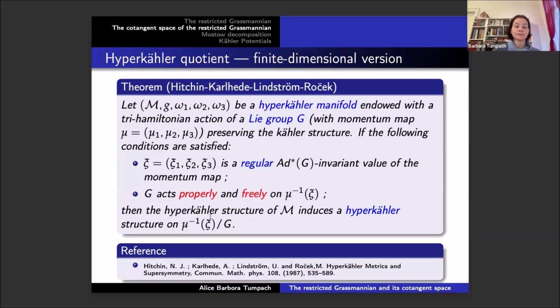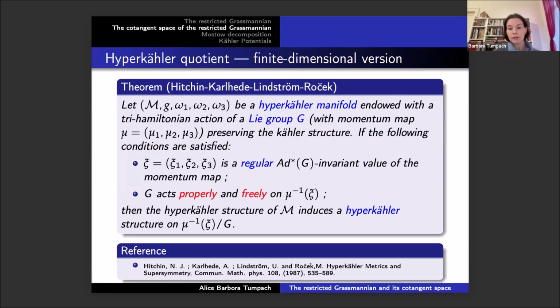And then you can take a regular value. So this big mu here actually has values in three copies of the dual space of the Lie algebra of the group. And if we take the inverse image of a regular value of this moment map, and if G acts properly and freely, then the quotient of the level set of this regular value by the group action is again a hyper-Kähler manifold.